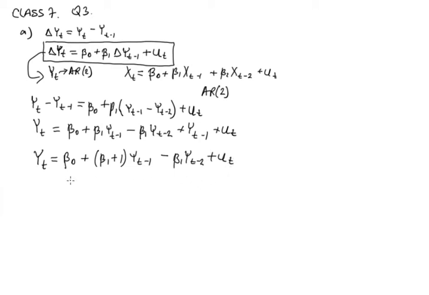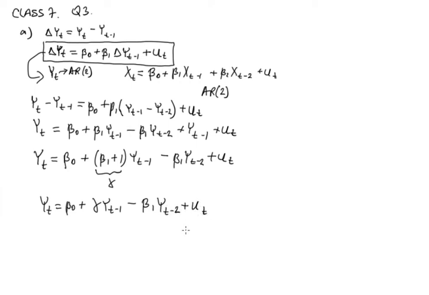Now I could call this coefficient, beta 1 plus 1, gamma. In that case this would be beta 0 plus gamma yt minus 1, and this is a negative sign, so we leave it as it is: minus beta 1 yt minus 2 plus ut.